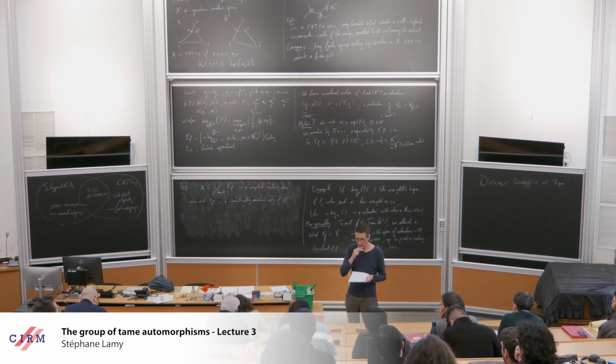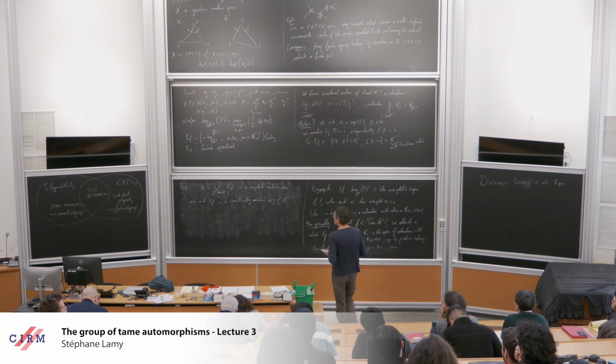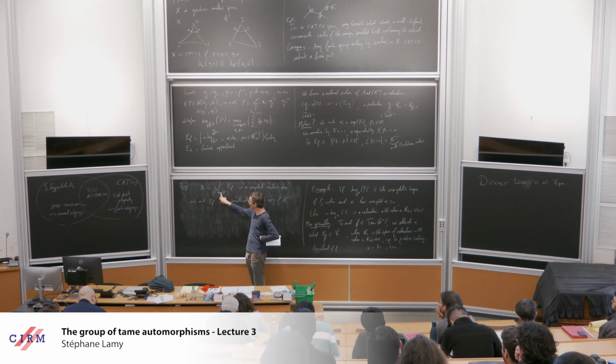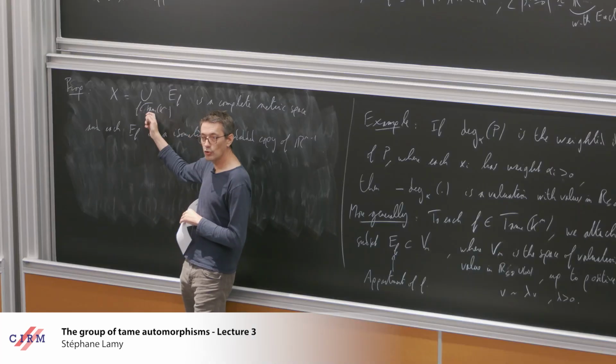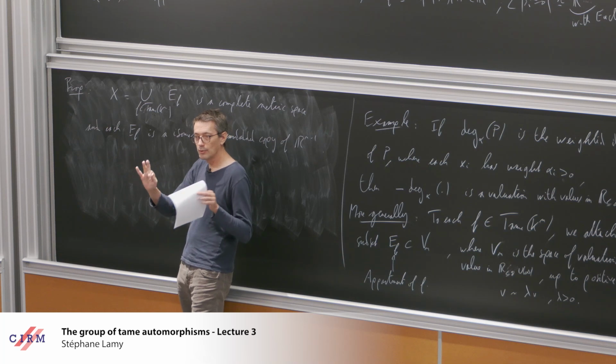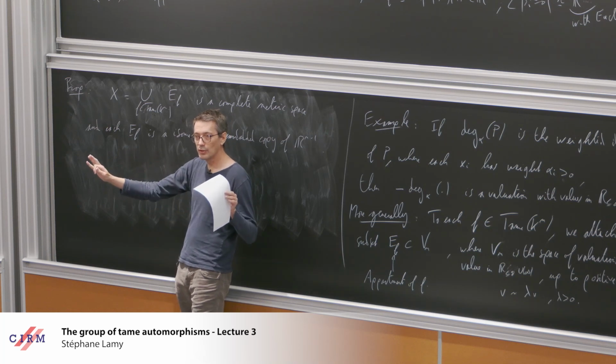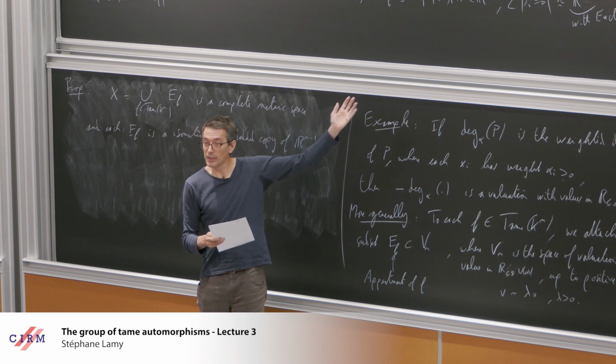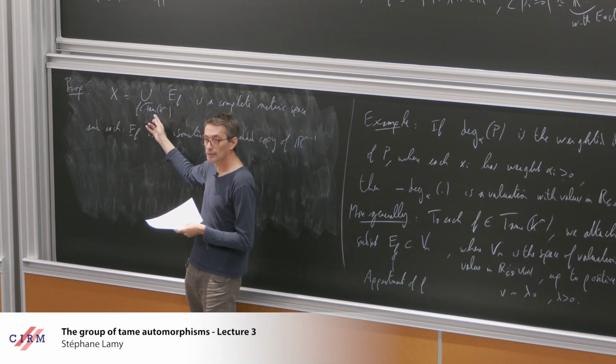Yeah, so the reason I put tame is that if I don't put tame, it's not clear that it will be connected. So you do the same construction with all of them, everything is okay, and then you have many connected components, and the connected component of my ordinary weighted degree is this one.